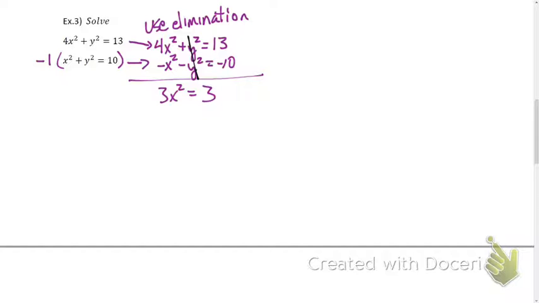And I get something very simple looking. Square root both sides, and we get plus or minus 1. Let's plug both of those in. Let's plug it into the second one.